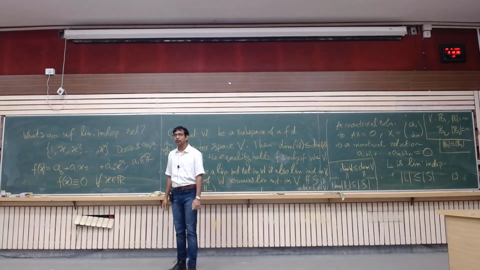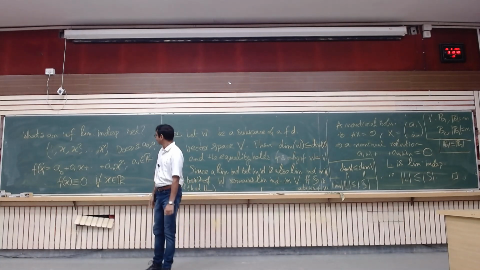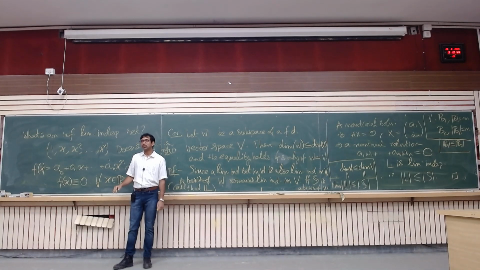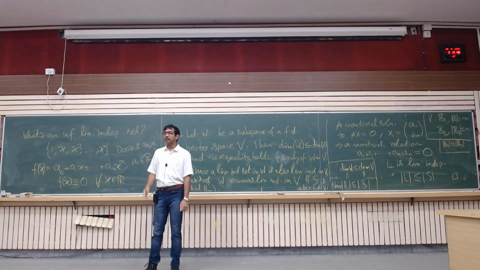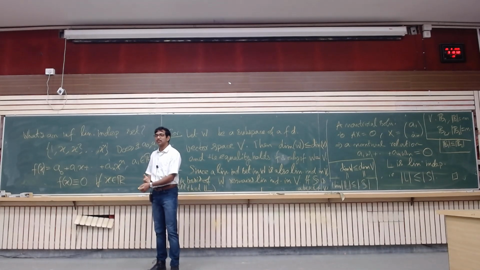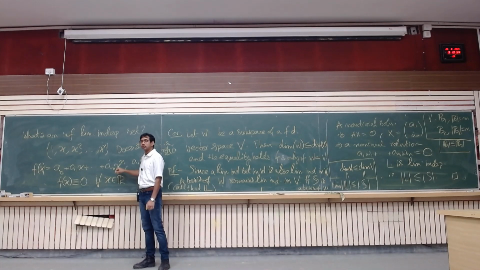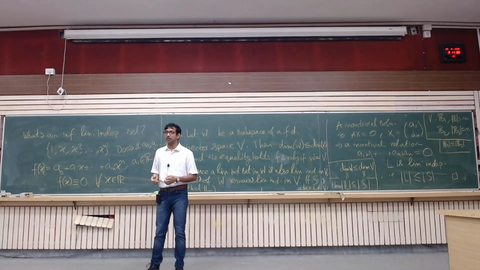So that would imply 1 equals 0, which is not possible. But a polynomial will have some roots, right? So I think you are arguing in the same manner as Nitish just did. You're comparing the number of roots with this n. Implicitly you are using the fundamental theorem of algebra.